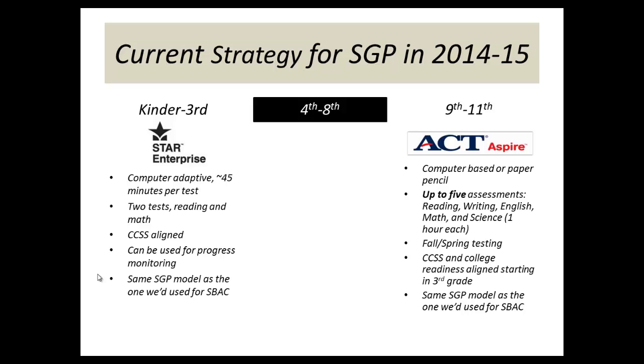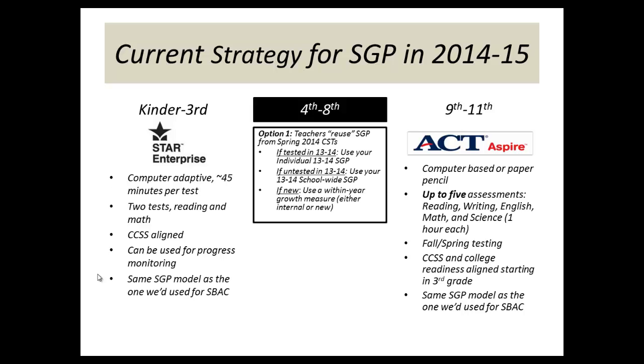So that leaves 4th through 8th grade. Now, again, because it's that gap year for 4th through 8th, we've got 2 options. Option 1 is to effectively have teachers reuse the SGP that they get from this spring's CSTs. So next year, if your students were tested this spring, you would reuse your individual SGP from the 2013-14 CSTs.